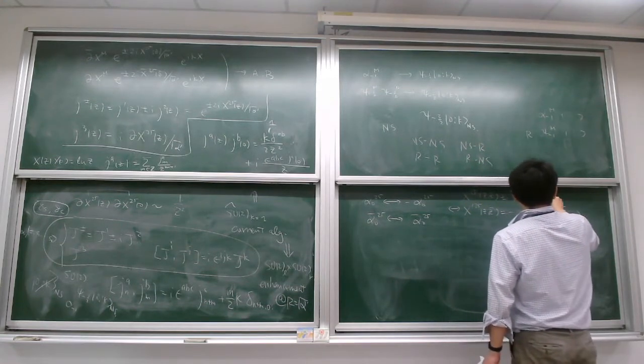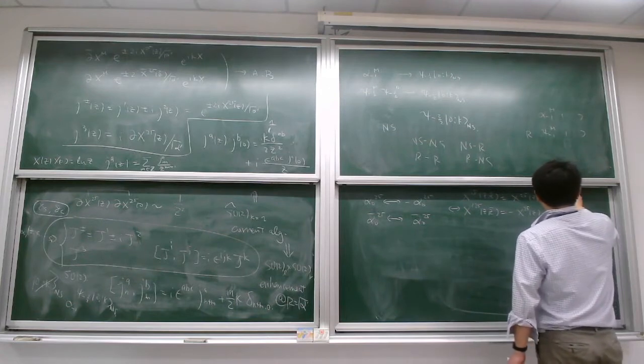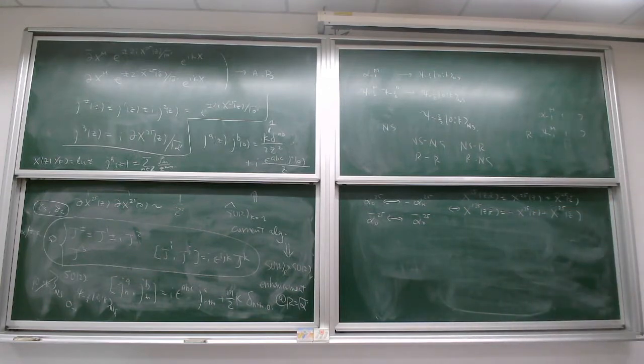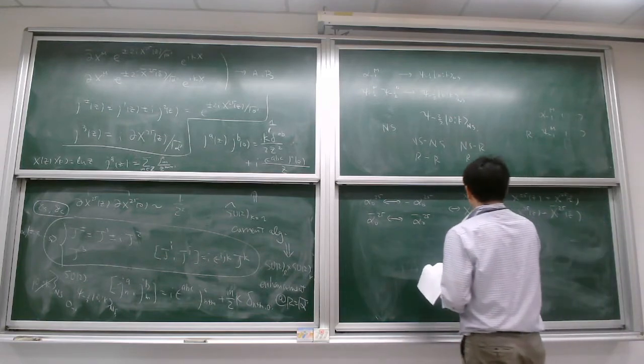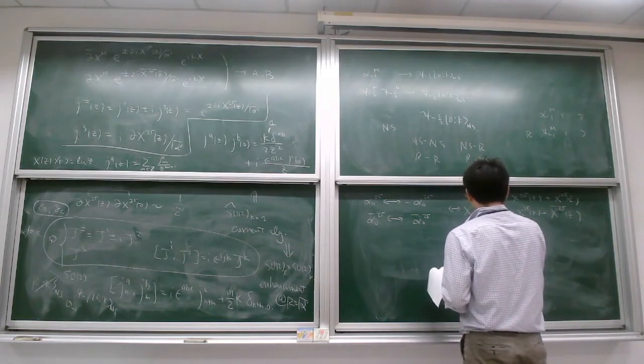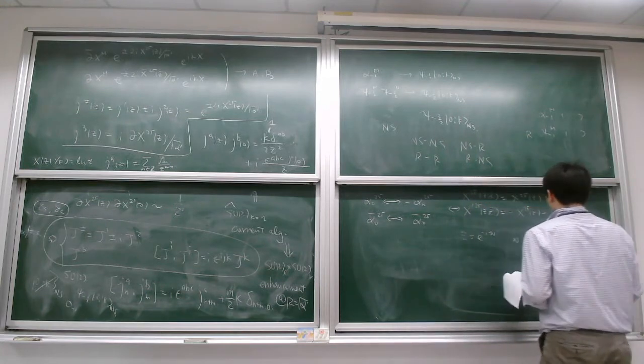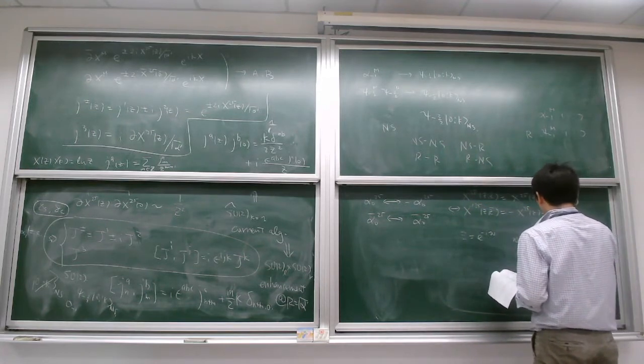So let's look at the consequence in the open string. As you remember, z is equal to e to the minus iw, where w is equal to, as far as I remember, sigma plus i t.